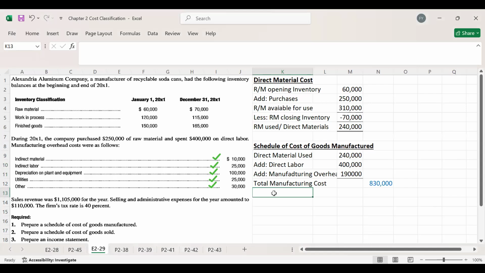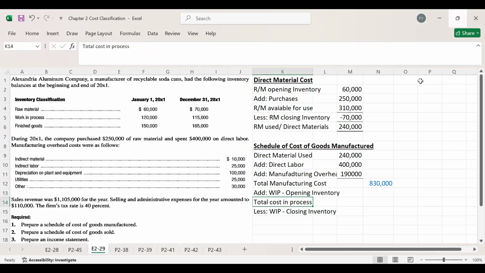Then we will add opening inventory of work in process, and we get total cost in process, and then we will deduct work in process closing inventory.